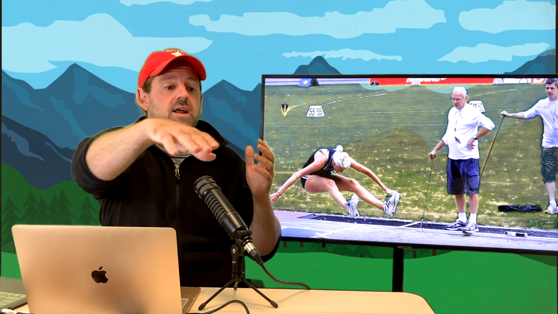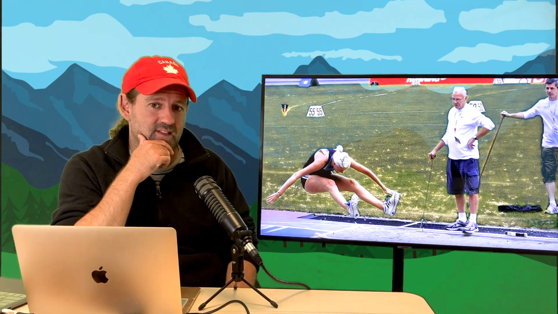You're running at top speed, and then you leap forward, and you try to get, I mean, that's why it's called long jump, right? You're jumping as long, as far as you can. So yeah, some of those long jumpers are crazy. Watching them, in the air, they kind of put their legs forward like that to try to get maximum distance.